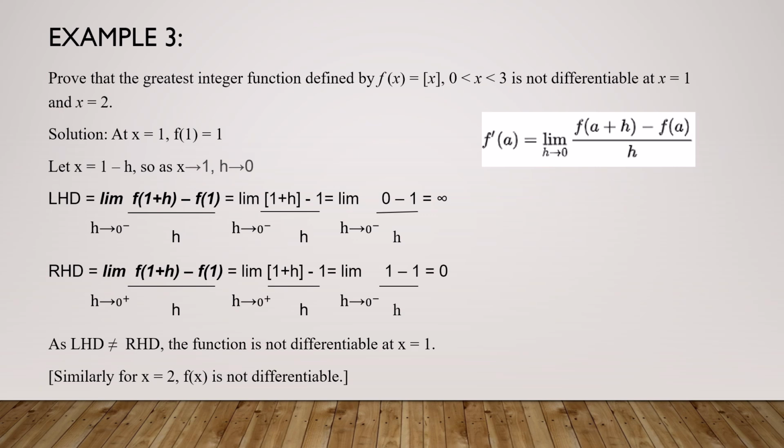So the box value of 1 plus h is 1. So our limit is limit h tends to 0 of 1 minus 1 upon h, which is 0. As the left hand and right hand derivatives are not equal, the function is not differentiable at x equal to 1. Similarly, check for x equal to 2. f(x) is not differentiable at x equal to 2.